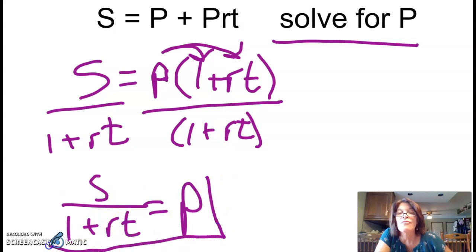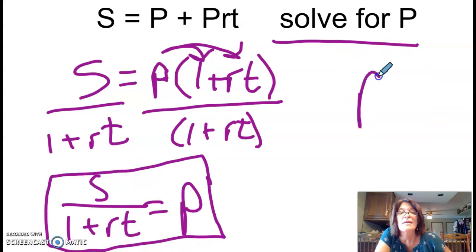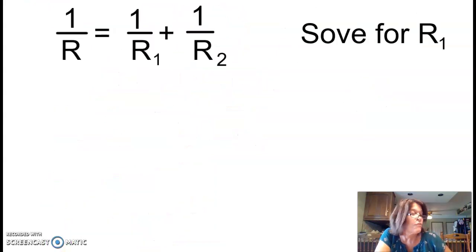When it says solve for P, that means we want an equation that just has P equals blah, blah, blah. All right. So sometimes you'll have to factor something out. This is a tough one, guys, when you have the variable that you need in the denominator. Sometimes people mistakenly think that you can just flip everything.